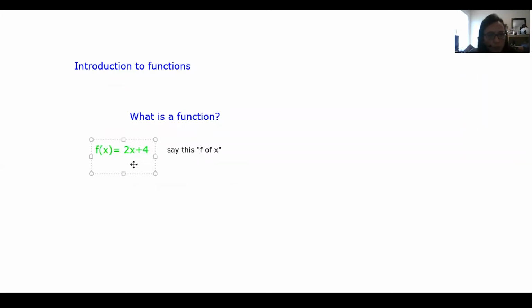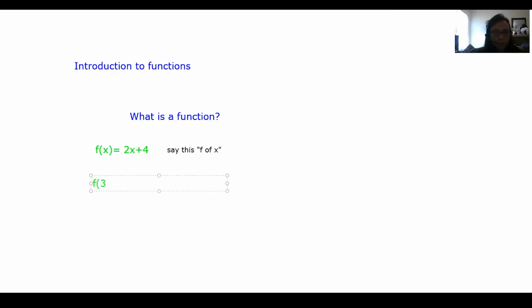So here's our function. We know that our function is going to take some x in. It's going to multiply that x times 2 and then add 4. So if we wanted to put in the number 3 like we did on our easy bake oven, the way we tell the function this is to say f of 3.